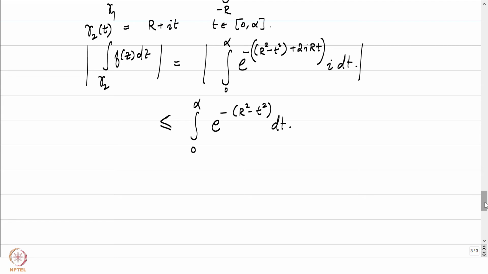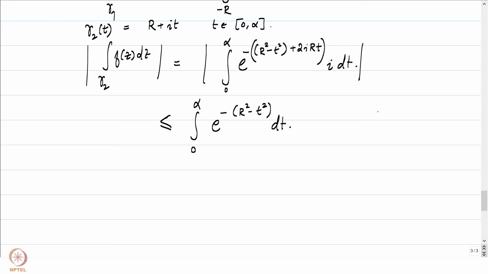So, if alpha is actually a negative number, the curve gamma 2 would be r plus i t, where t is from alpha to 0, because alpha is a negative number. So, we would still have a similar inequality here, except that the integral will be from alpha to 0 instead of 0 to alpha, but for the sake of absolute value, it should not matter.